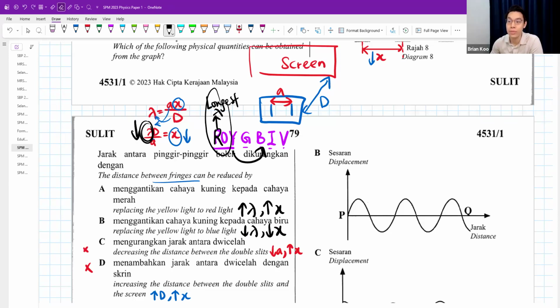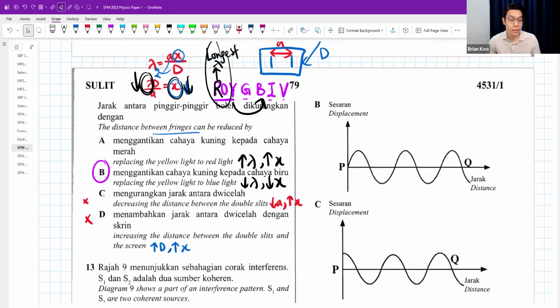Okay, so this question is not easy, yes. But let me tell you something: the answer lies in the formula. You must make use of the formula. Learn how to use the formula. Okay, the answer is B. Okay, so you must know your rainbow colors.